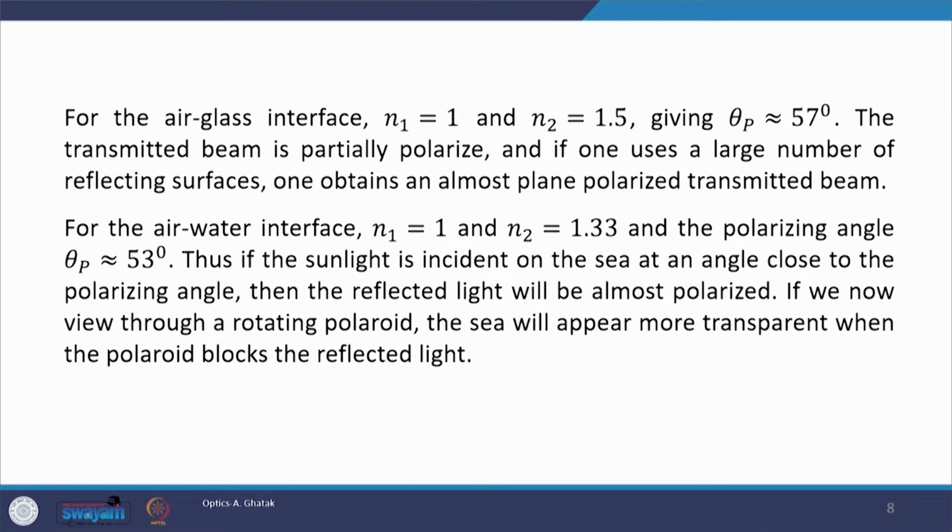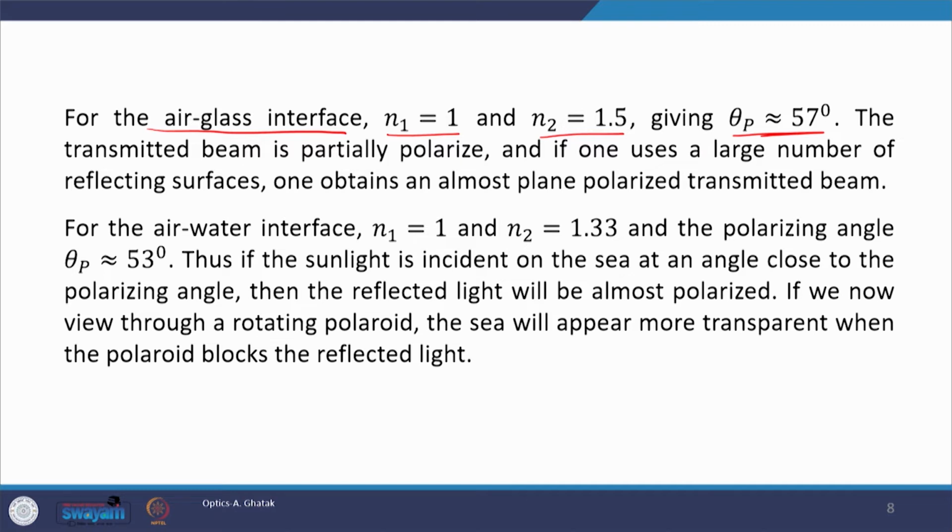Now, let us consider the case of an air-glass interface, and suppose unpolarized light is falling on the glass interface from air. Therefore, n1 would be equal to 1 while n2 would be 1.5, and using these two values we can calculate the Brewster angle theta b, which is 57 degrees.